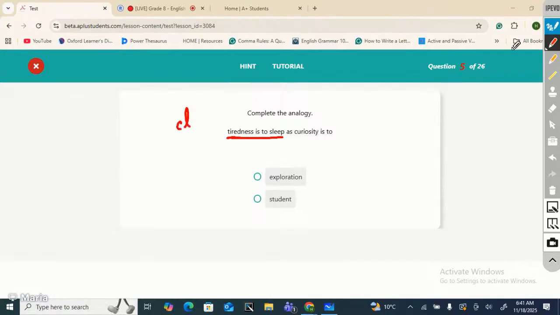If tiredness is the cause, sleep is the effect. Cause and effect. And if curiosity is the cause, what is the effect? Exploration or student?